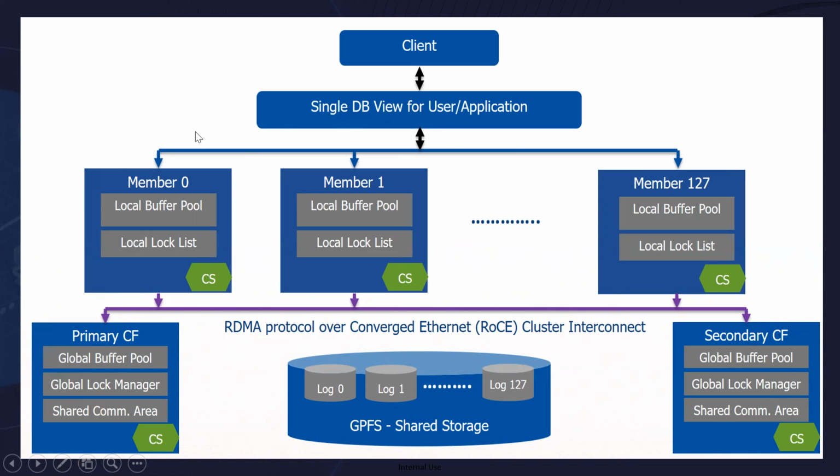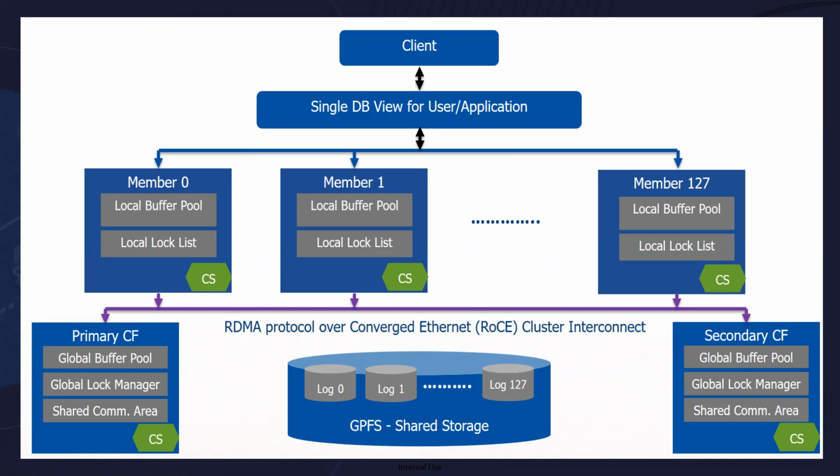And these are interconnected via RoCE interface, which is RDMA, Remote Direct Memory Access Protocol. It is built to improve the performance, to communicate between the servers or between the CFs pretty effectively, right? It can support multiple interconnects. One is RDMA over InfiniBand.